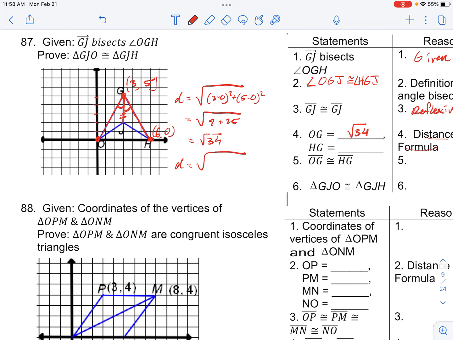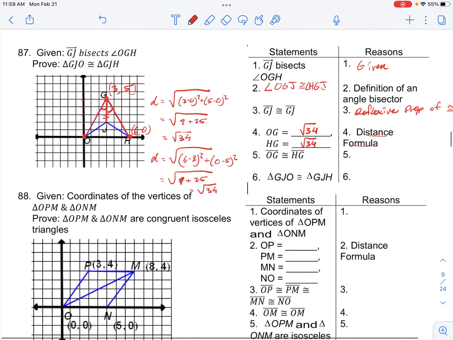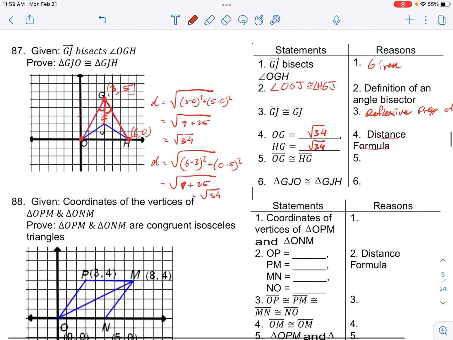So we have the change in x, 6 minus 3 squared, plus 0 minus 5 squared, which gives us a distance of the square root of 3 squared, which is 9, plus negative 5 squared, which is 25. So we have, again, square root of 34. So the square root of 34 is equal to the length of HG. Then OG is congruent to HG.